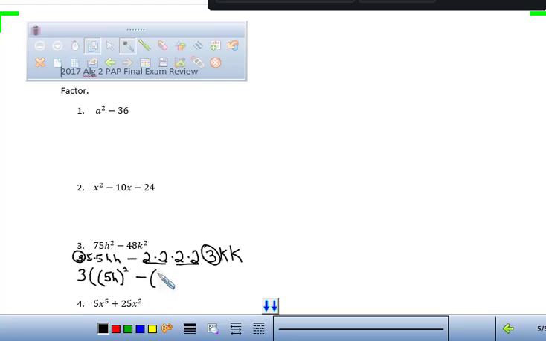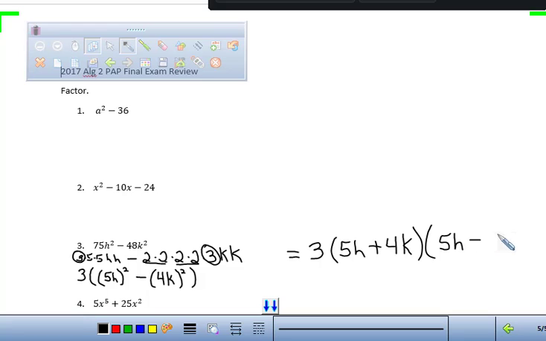So you have a 4k squared. So we have difference of squares. So your final answer then would be your greatest common factor 3 in the front, 5h plus 4k, 5h minus 4k.